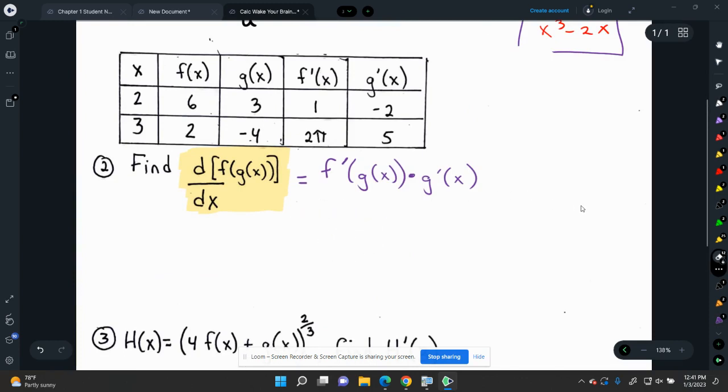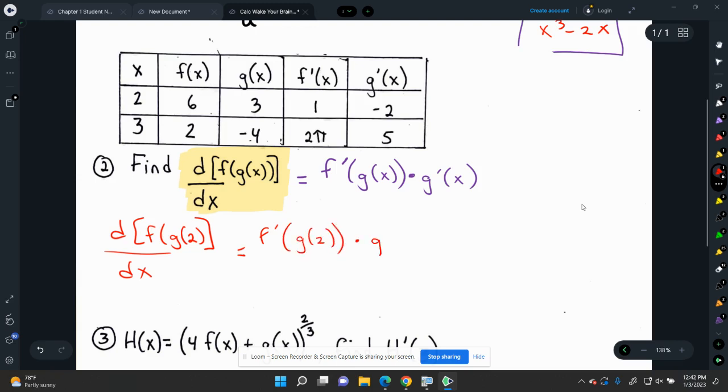Okay. Wait, what if it was the derivative of f of g of 2 with respect to x, right? So now this is going to be f prime of g of 2 times g prime of 2, right?